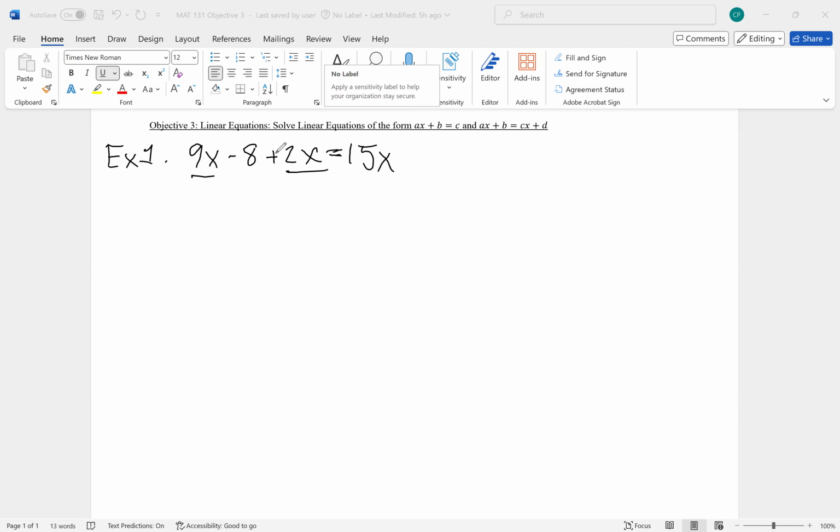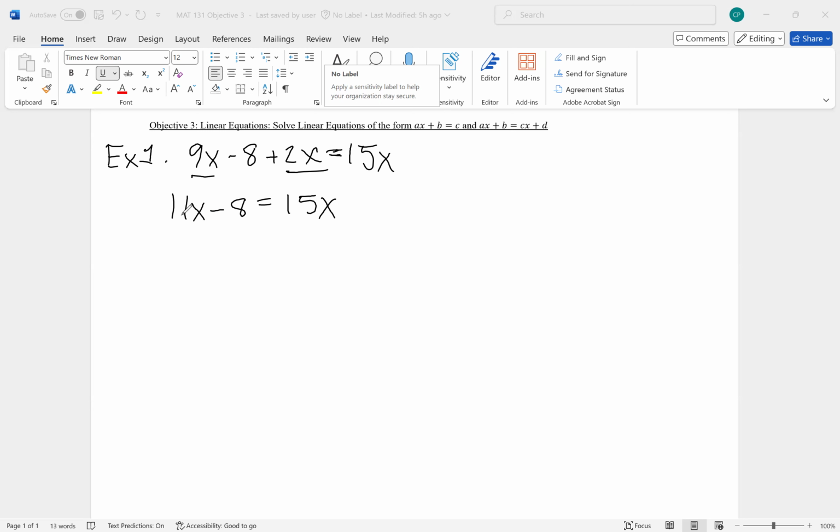So when we combine the 9x and the 2x, we will get 11x minus 8 equals 15x, okay? Now, we still have some combining and things that we need to do, okay?